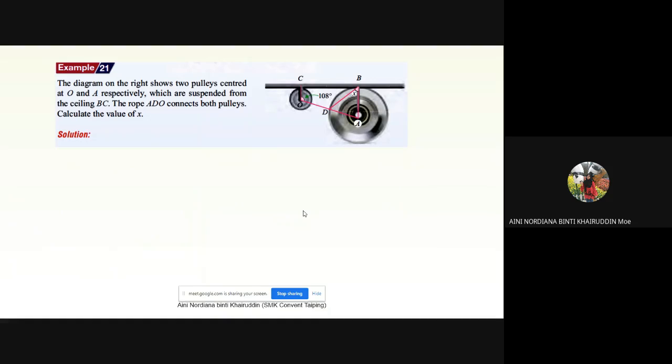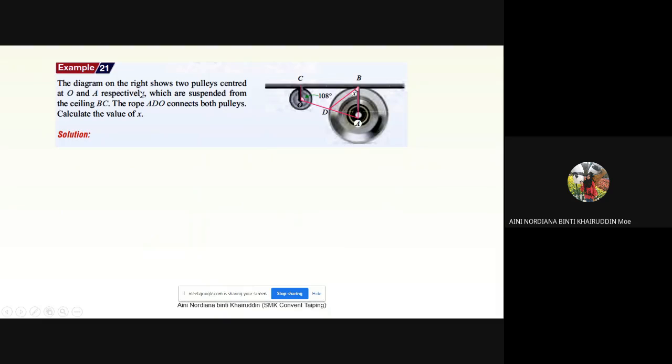This is the last part. To solve the problem, you need to use all the information or knowledge that you know from the first subtopic in this chapter. You have to use all the knowledge that you have learned before.